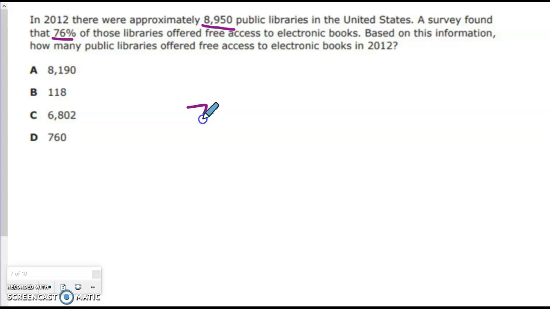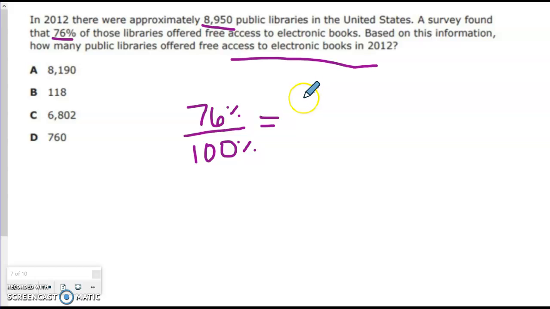We just want 76%. So this is our old percent proportion equation. We're considering 76% out of 100%. Remember, it's always part over whole. So the number we're looking for is the ones that offer the electronic books. So that's just part of the libraries out of all the libraries.